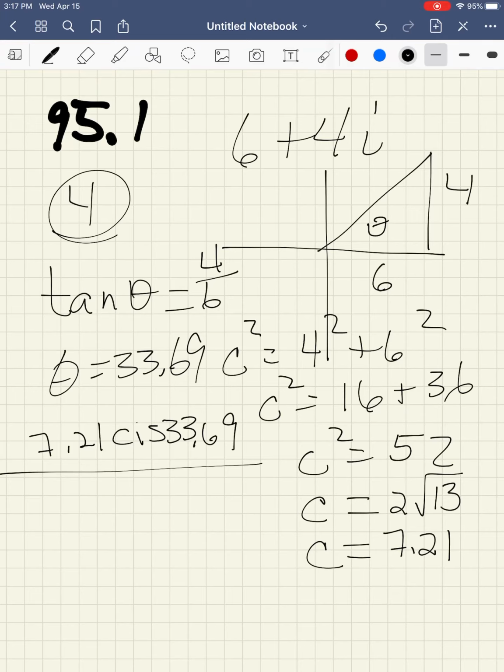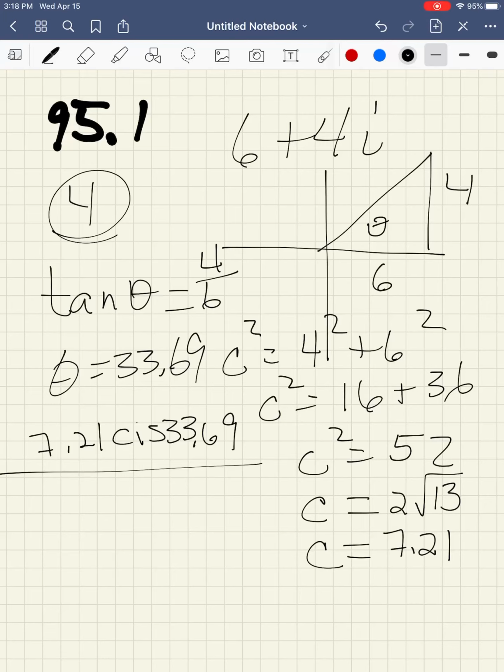So now we need the 4 fourth roots of 7.21. So we'll take 7.21, we can go to math, and actually put in a 4 first because we're taking the 4 fourth roots, and then go to math and hit number 5 with the x in front of it, and then put in 7.21.